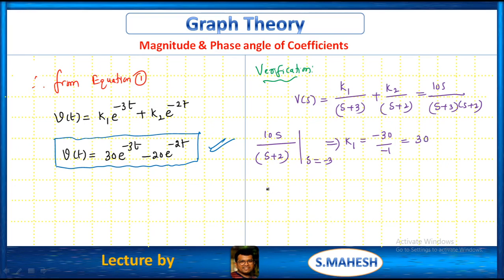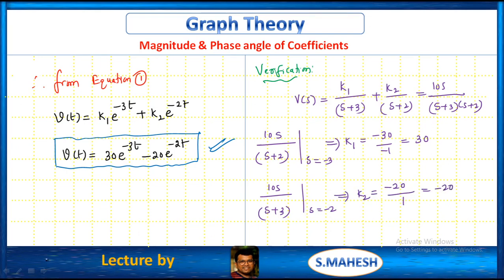Like that, K2: 10s by, there is no term of s plus 2, but when s is equal to minus 2, we get the value of K2, which is minus 20 by 1, which is equal to minus 20.